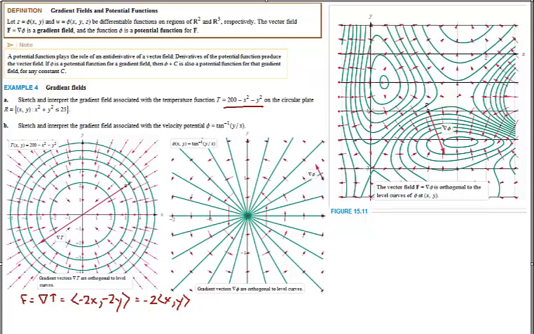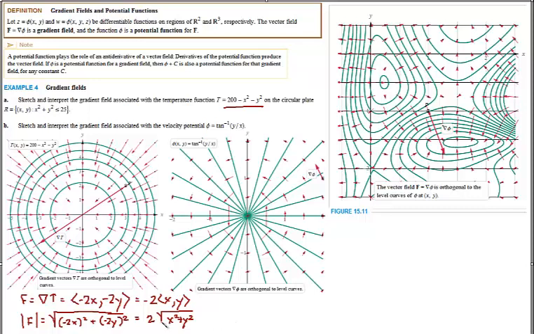And the magnitude of these vectors, the magnitude of F, is just going to be equal to the square root of negative 2x quantity squared plus negative 2y quantity squared, and this will look like 2 times the square root of x squared plus y squared.